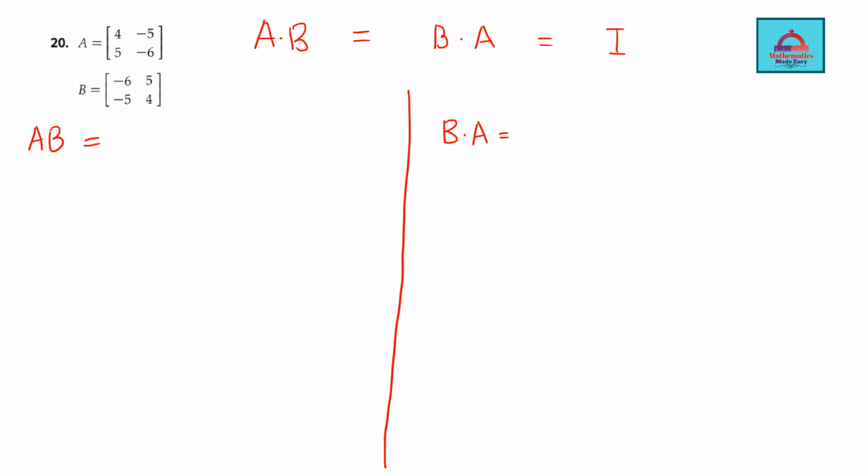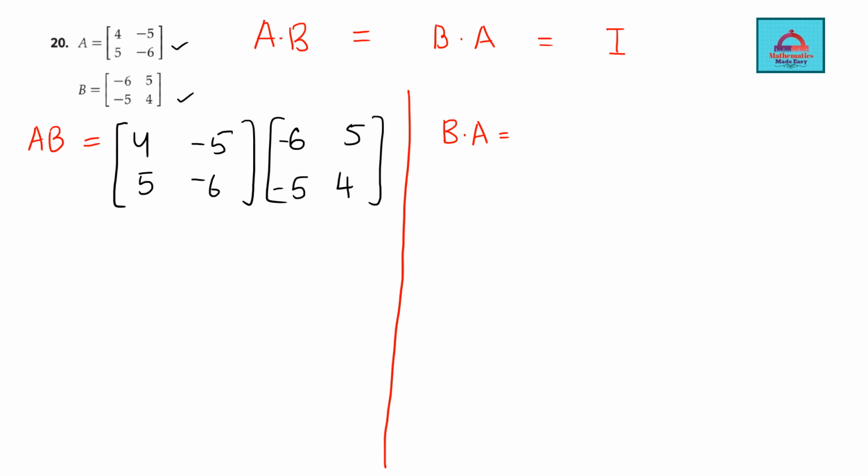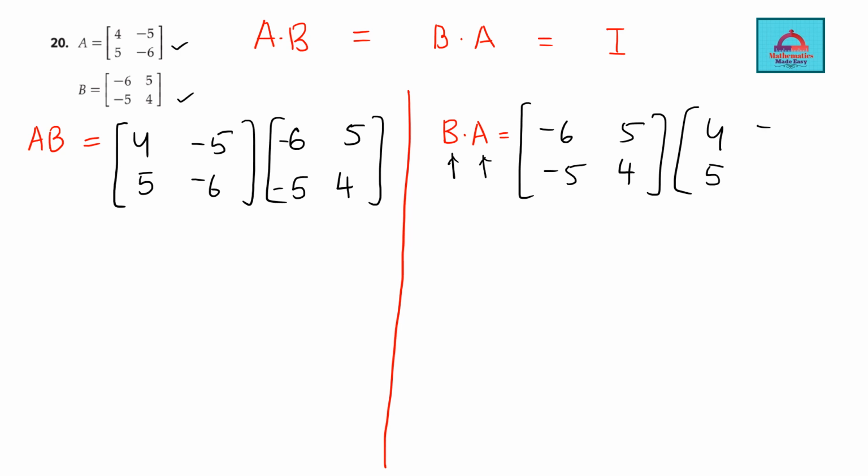So let's start. AB means first A then B. This is A and this is B. What is different here? The order. First it is B, then it is A. So let me write B first, followed by A. I hope you understand there is a little difference when I do the multiplication.